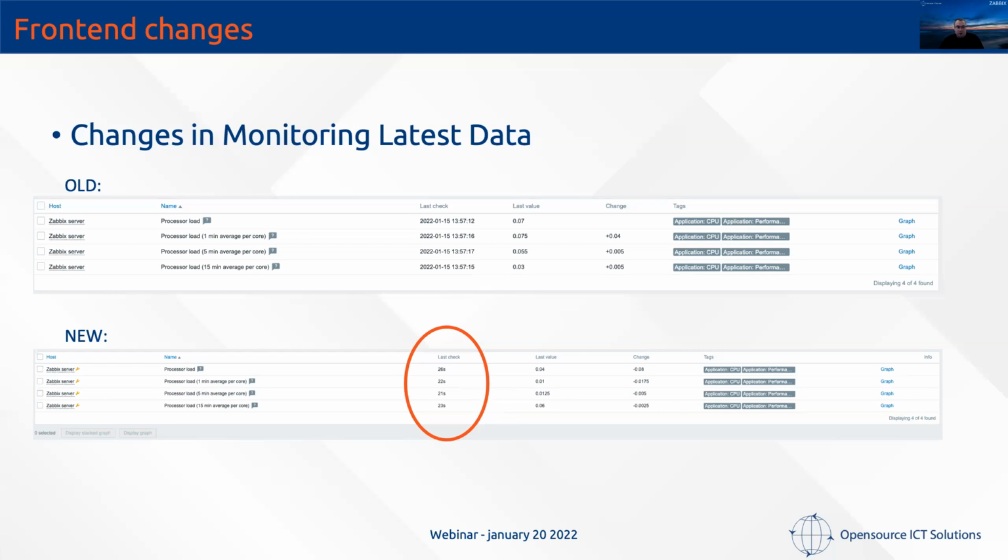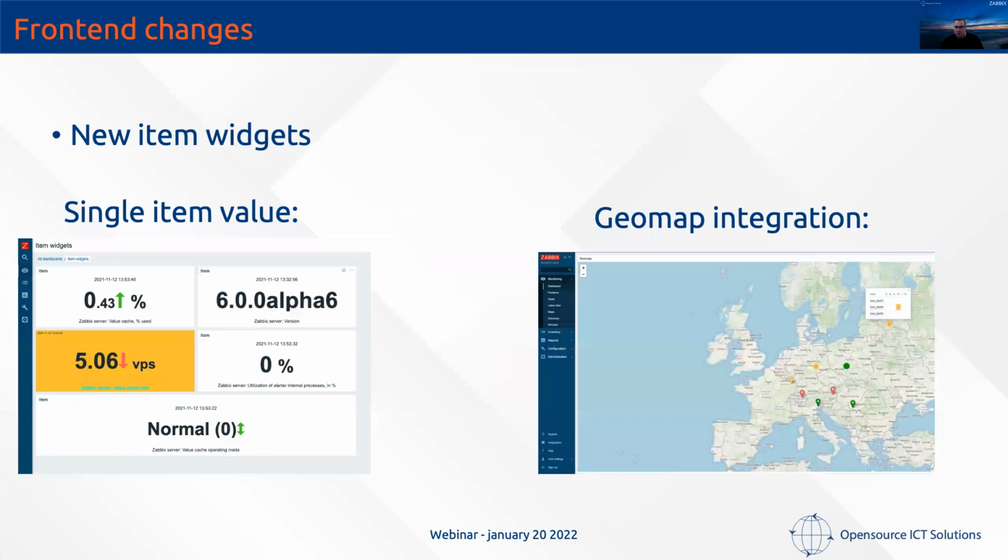Are there more changes? Are there more improvements? How about these two? New widgets in the dashboard. If you go to the dashboard, then suddenly we have a single item widget. And it looks somewhat like Grafana. Well, perhaps a bit too much like Grafana, but that's a good thing here.